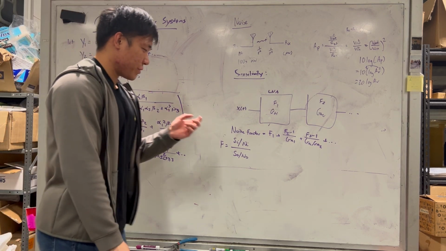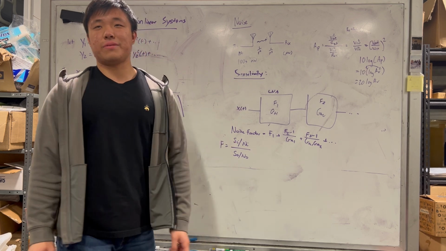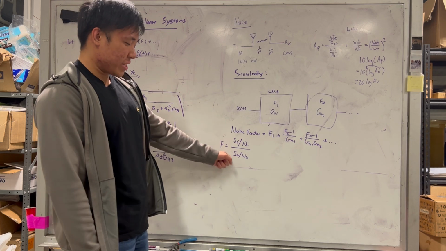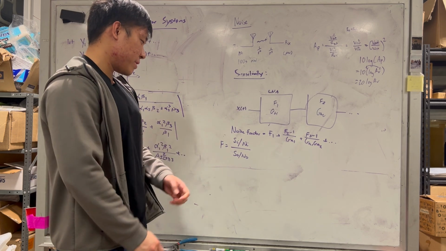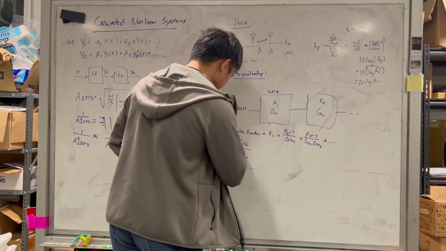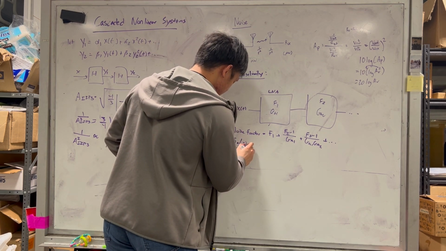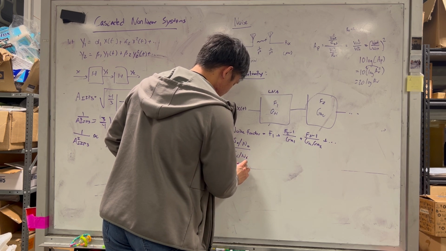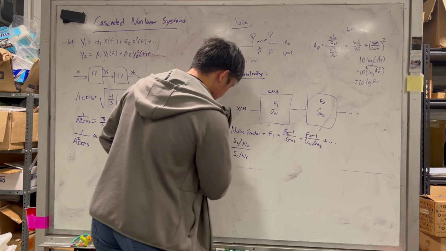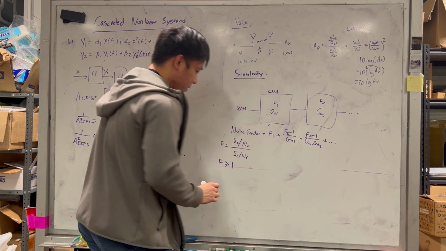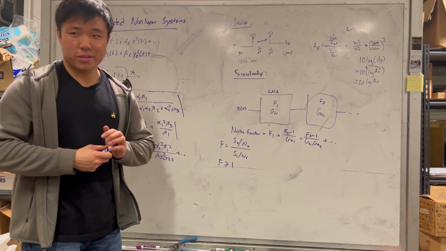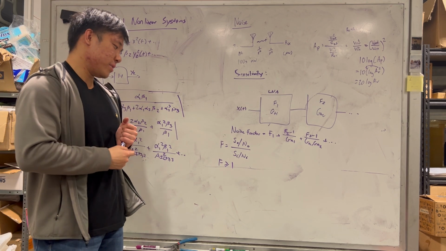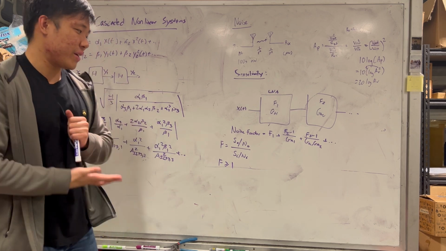I can't think of a time when you get better, I mean, there are times, but usually your SNR at the output is worse than your SNR at the input. I think I flipped this actually. I might need to check back on this, but your noise factor should always be greater than or equal to 1, because the best you can do is match the SNR of your input. You can't get better SNR than what you have at your input.